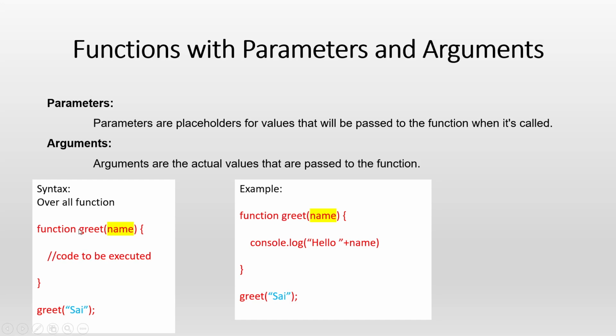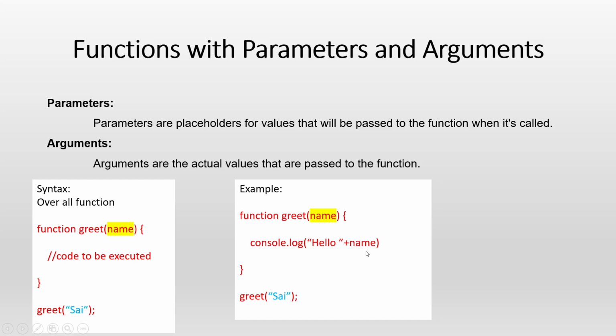As you can see here, function greet, name. Name is nothing but the parameter, and after that the brackets. Inside we will be writing code, and we are calling the function and passing some argument here. In the example I have written console.log hello plus name, right? So this name is nothing but this name. Once I pass any value here, the output is going to show this value.